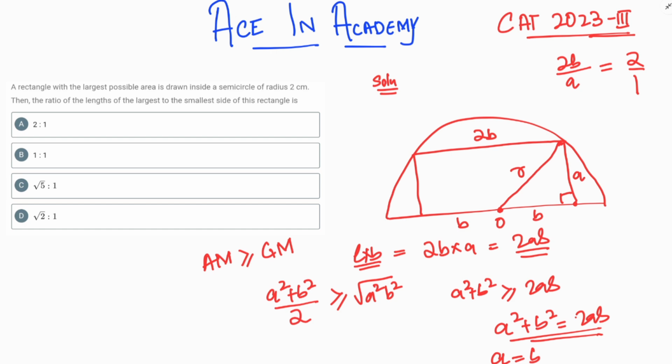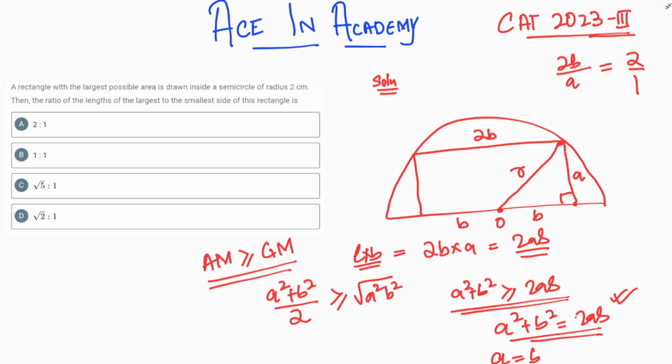So what we did is we first drew a semicircle, then put a rectangle in it, then used the property that arithmetic mean is always greater than or equal to geometric mean, and then took the arithmetic mean of a square and b square, and we proved that a square plus b square is always greater than or equal to 2ab, or it is a square plus b square equal to 2ab for its maximum value.